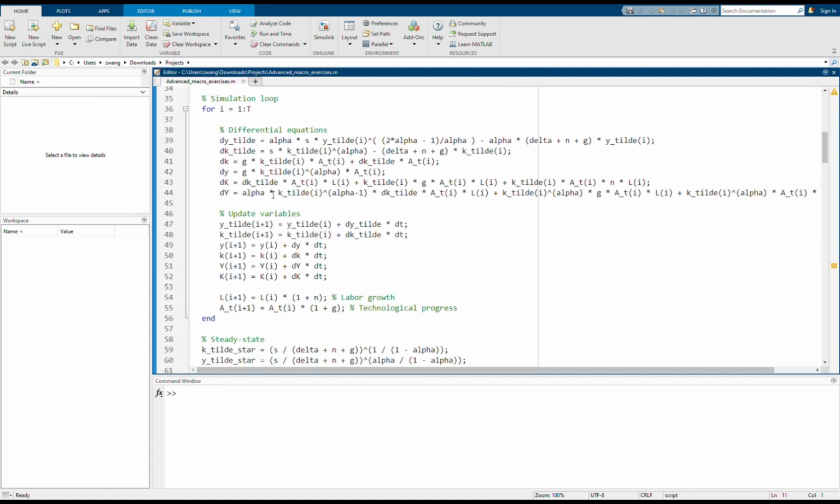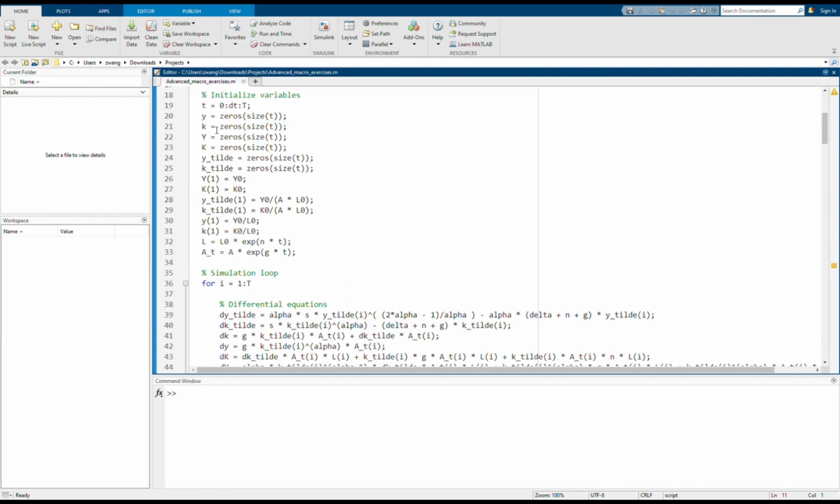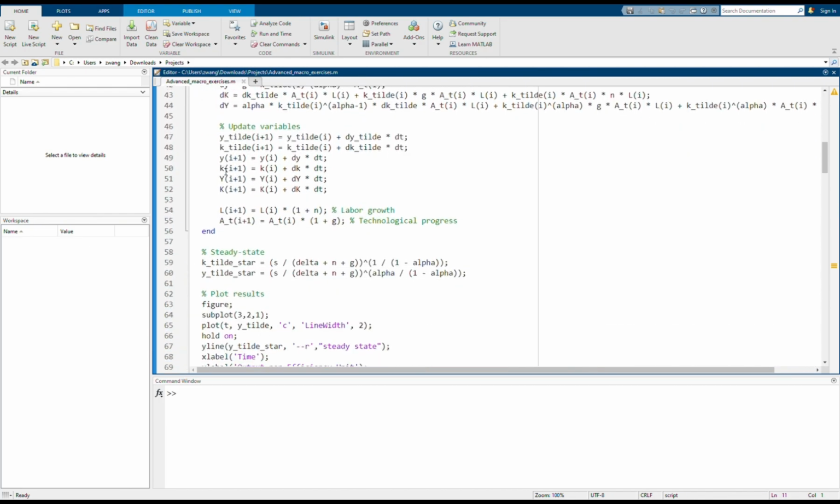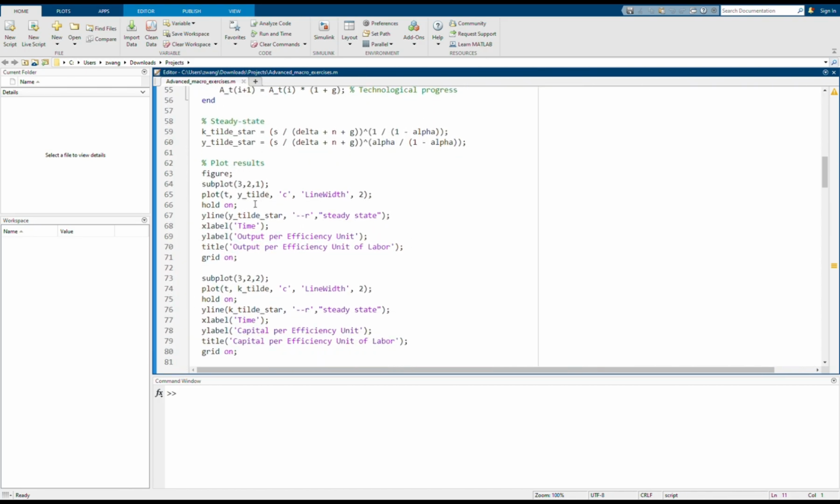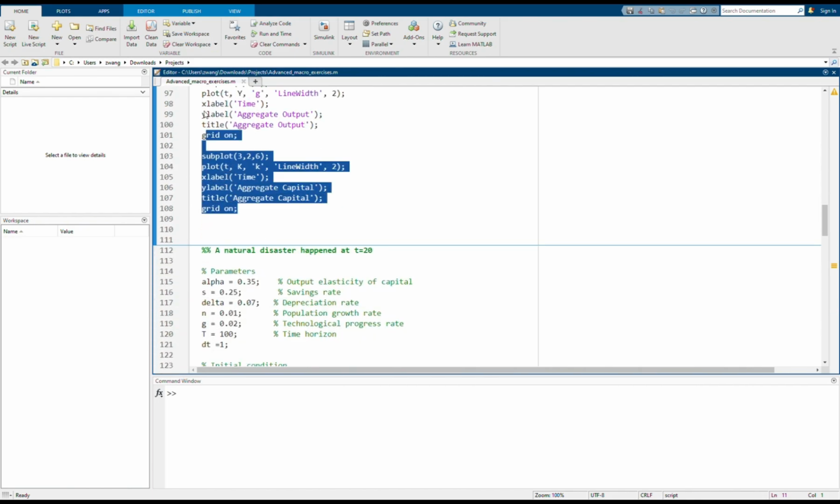So we will get 6 arrays of the output and capitals, and finally we can plot all of these 6 variables with respect to time period, and see the trajectory of different variables in one graph. Here I calculate the steady state for k tilde and y tilde just for drawing the steady state line in the plot. Okay, so let's have a look at the plot.